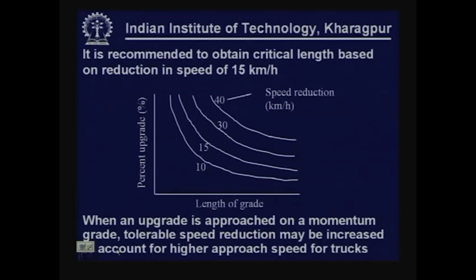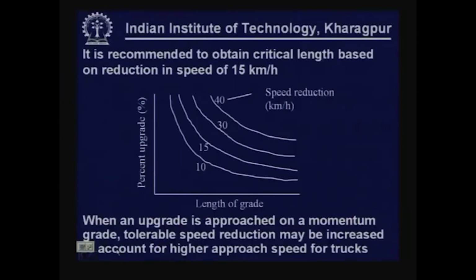If there is a momentum grade, the tolerable speed limit may be adjusted. Maybe instead of 15, one may take the reduction as 20 kilometer per hour. This of course is the designer's judgment. Looking at the condition, the speed reduction may be increased by a certain amount for higher approach speed for trucks. That kind of adjustment is possible and can be done.